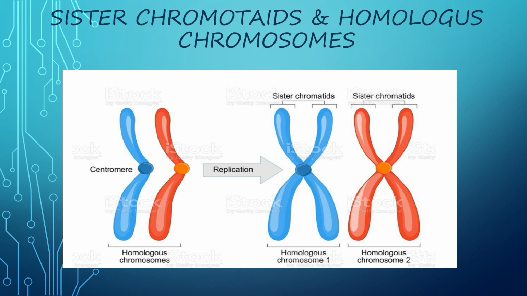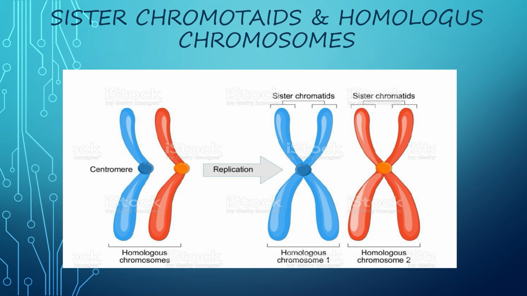They are homologous chromosomes. They are a pair of one maternal and one paternal chromosome that pair up with each other during meiosis, but they are two separate chromosomes and are not held together by a centromere. But sister chromatids are two chromatids of the same chromosome and are held together by a centromere.